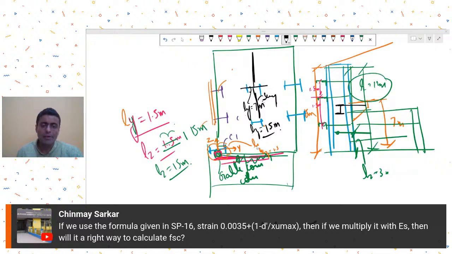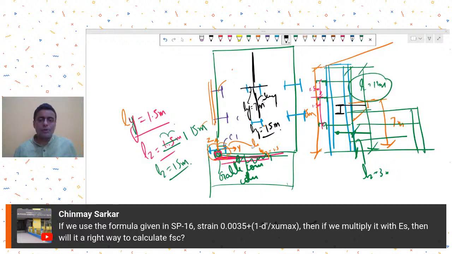Because you are in doubly reinforced, your XU has reached that XU max level. So you need that XU max upon D ratio in order to calculate the FSC and use similar triangles. That is the problem. If you don't have the XU max upon D, then you will have to go with first principles.